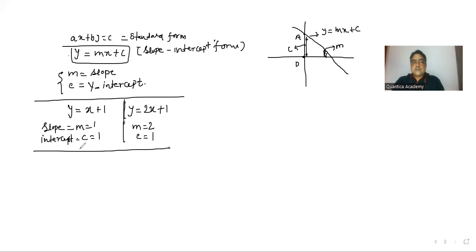So what do this slope and intercept mean in a practical sense? Does it make practical sense to us? Is there any situation that can be modeled by this equation? Yes, definitely.